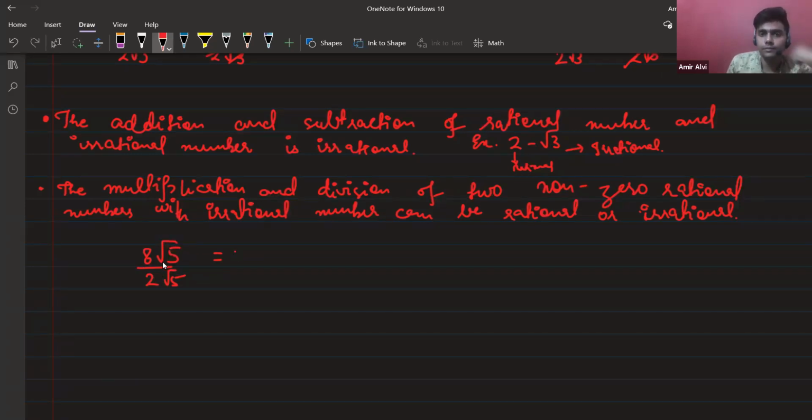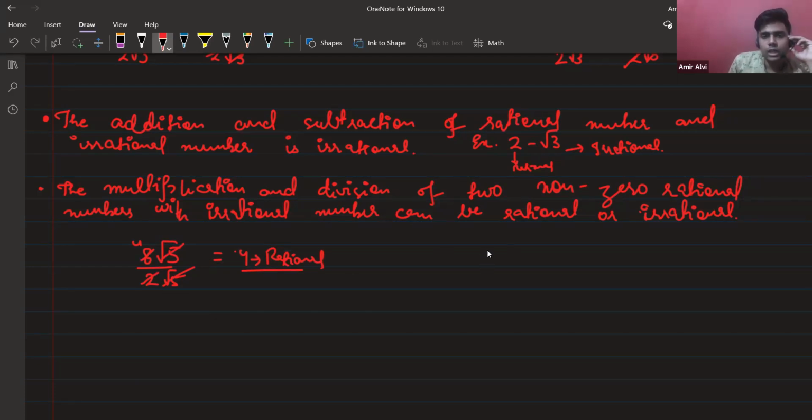What will be the answer? 8 root 5 by 2 root 5, we cancel the root 5. It's a 4 basically. So Simrat, tell me it's rational or irrational? Rational, na?